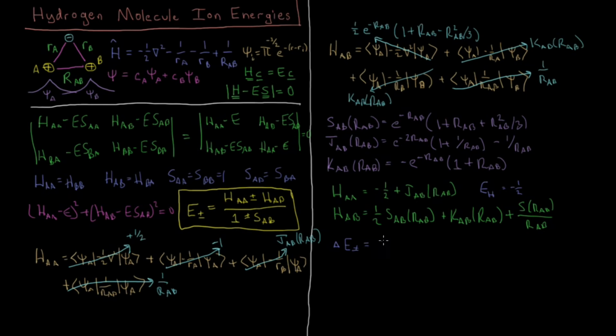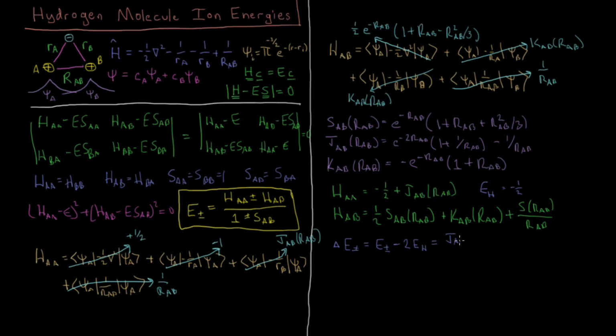That's going to be our E plus minus, minus twice the energy of two hydrogen atoms, which are separated infinitely apart there. And this is going to give us something which has a form a little bit like this.